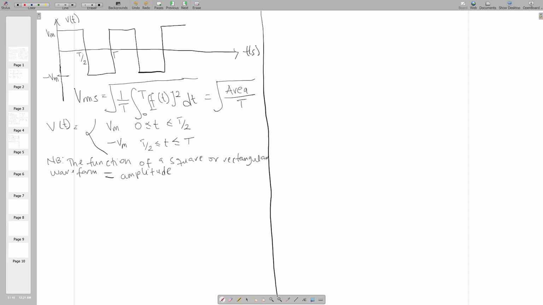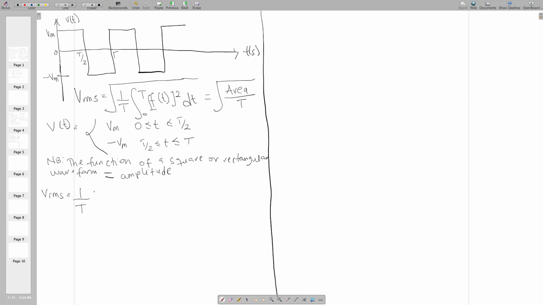So now that we have the function of the positive side and the negative side of the cycle, because the cycle is from 0 to T, so that means it has a positive side and a negative side. Now we can just fix it in the formula and go. As usual, let's take off the square root and do the rest.